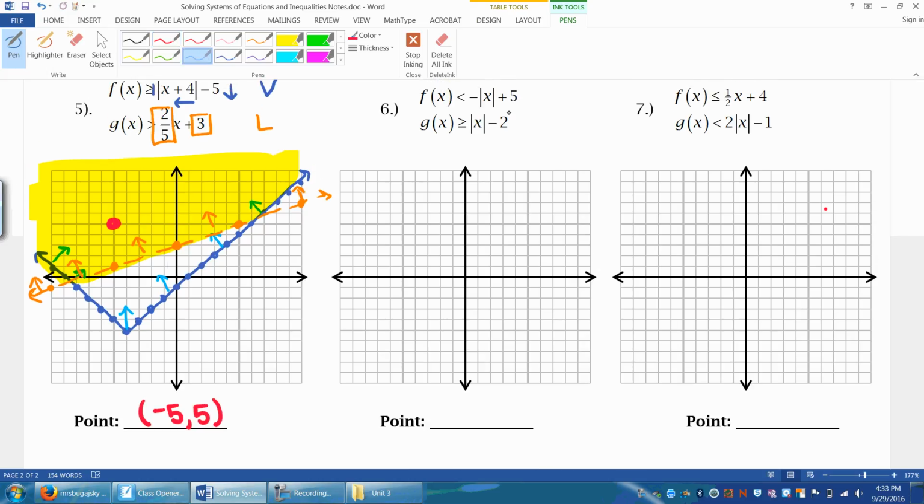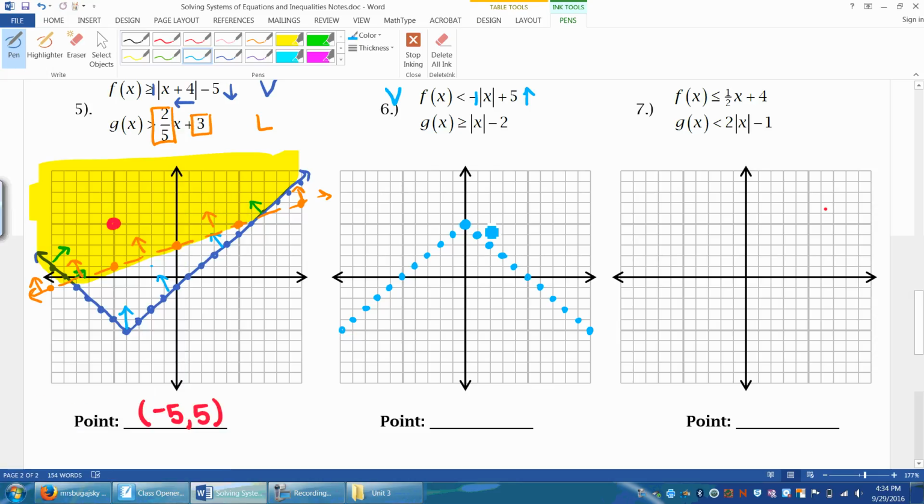On number 6, the first graph has the absolute value, so it's a V. It's moved up 5 spaces. The multiplier in front is a -1, so I'm going to go down 1 space and to the right 1 space. Again, it has an absolute value symbol, so it's a V. On the other side, we still go down, but we go left 1 space.